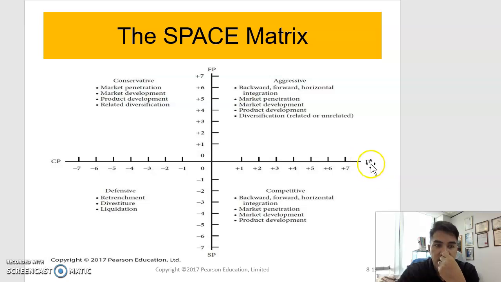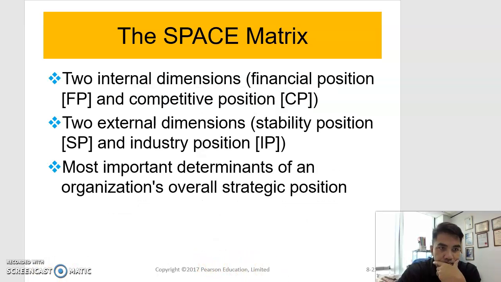So how stable is the industry, and how stable is the position of the company within that particular industry. These are the 4 dimensions, and these are the most important determinants of an organization's overall strategic position.